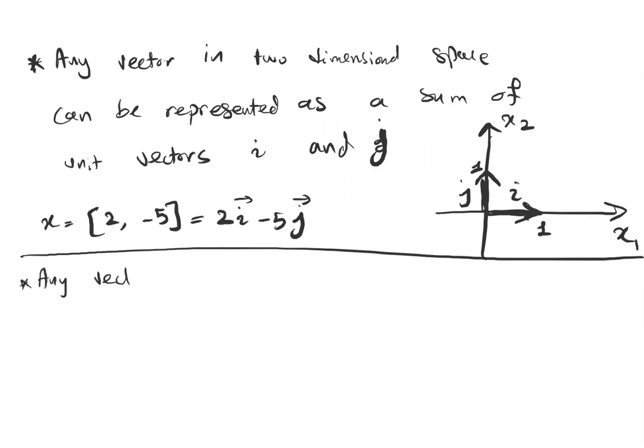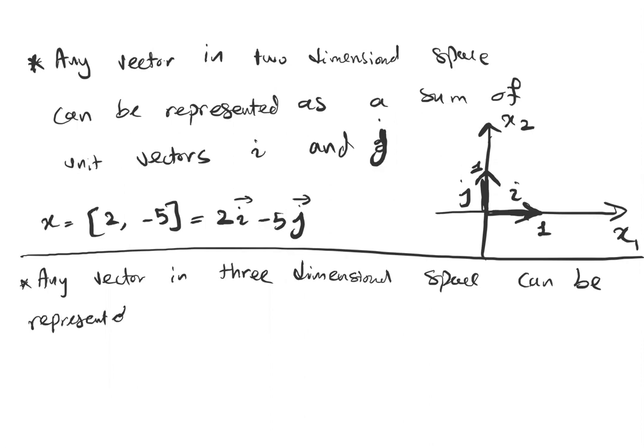This is holding actually for the three-dimensional vector as well. So any vector in three-dimensional space can be represented as a sum of unit vectors i, j, and k.